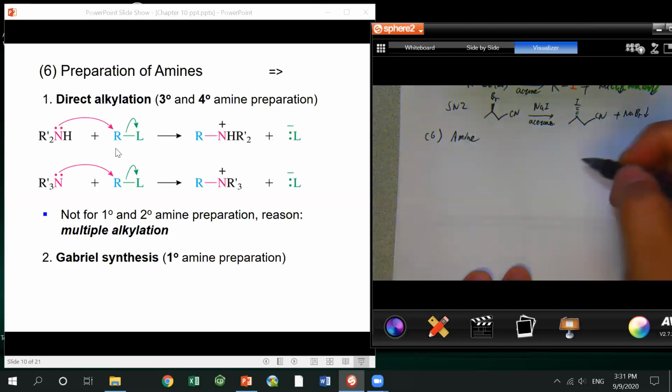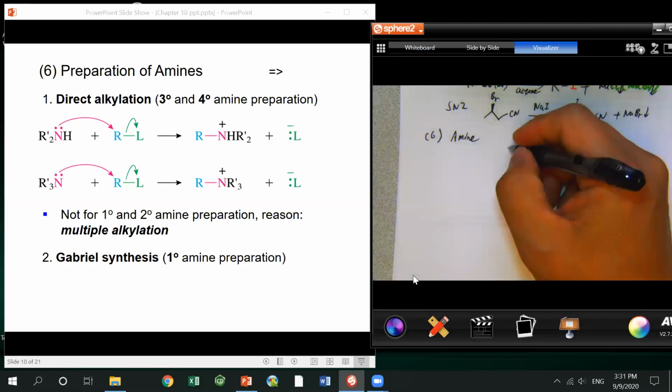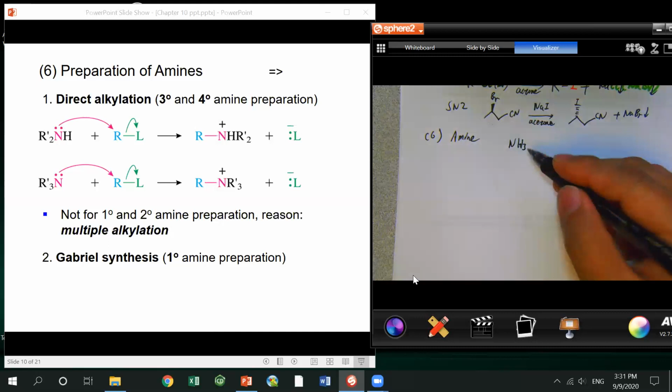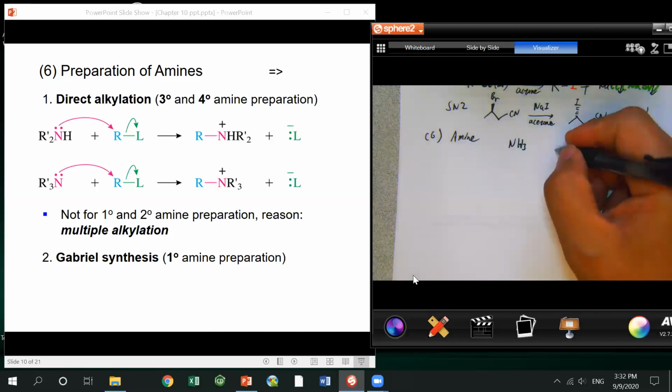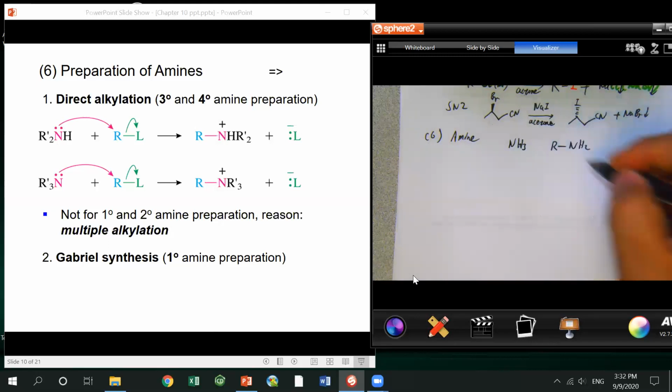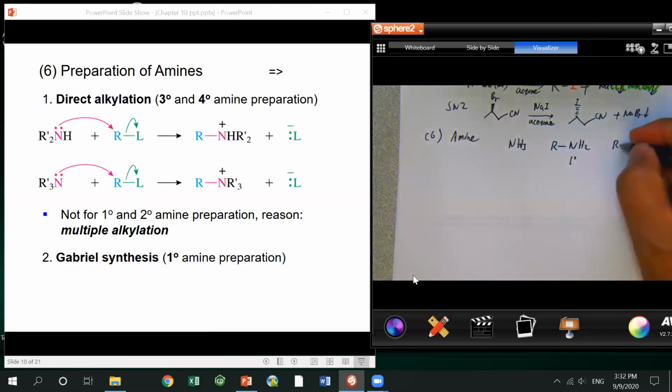Before we learn that, I want to refresh your memory about the classification of amines. This one is ammonia: no alkyl group, three hydrogens. Then primary amine: one alkyl group, two hydrogens. Secondary amine: two alkyl groups and one hydrogen.